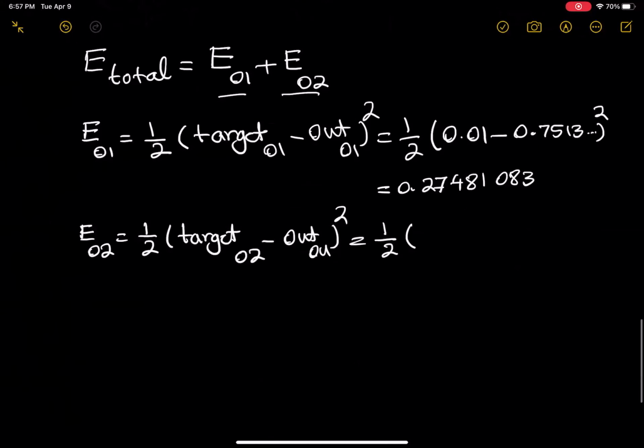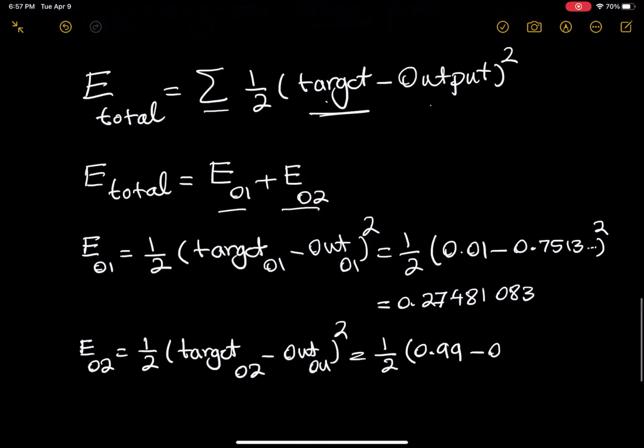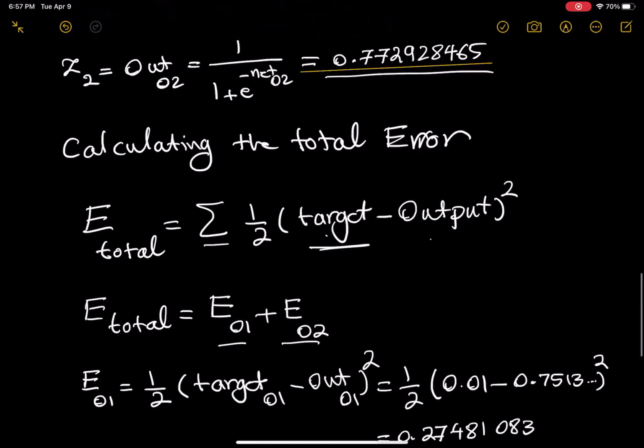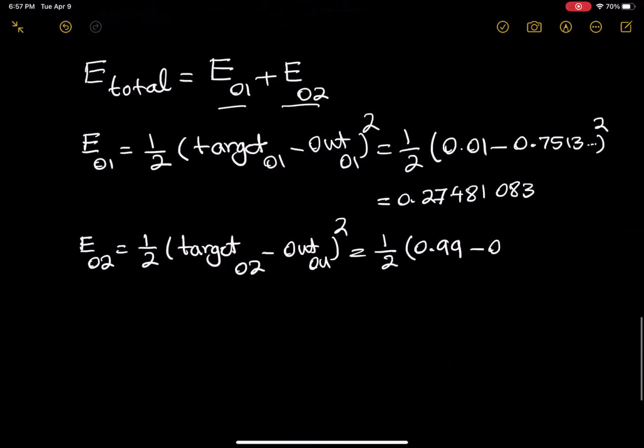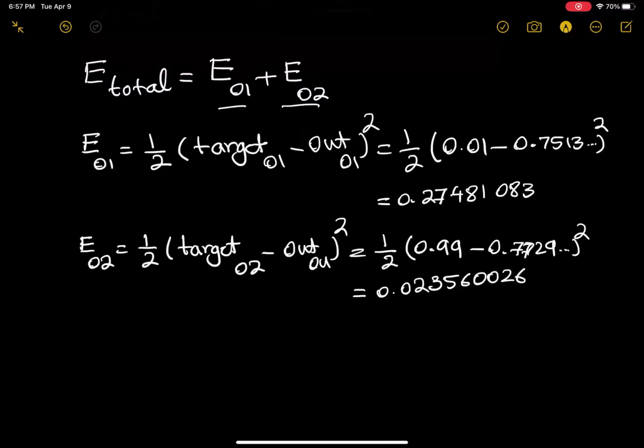So I'm going to write it here, 0.99 minus the O2 output that we calculated here, which is 0.7729, to the 2, which will give you 0.0235 60026. Good.